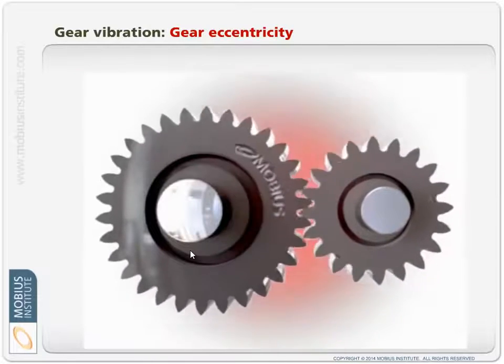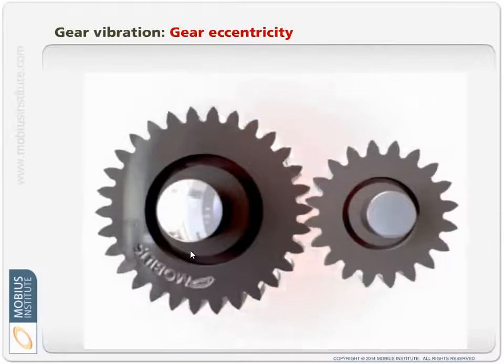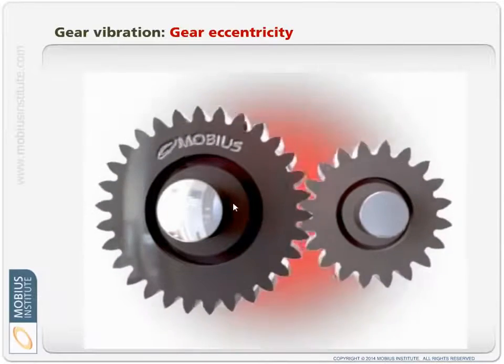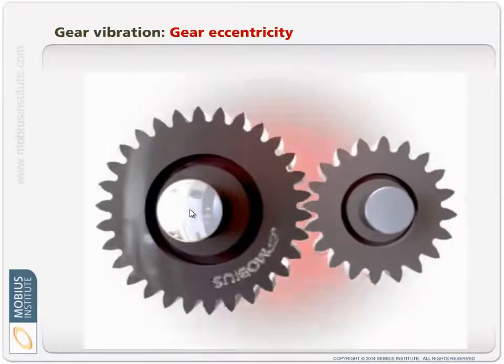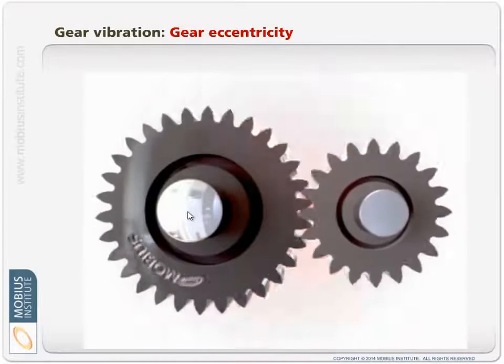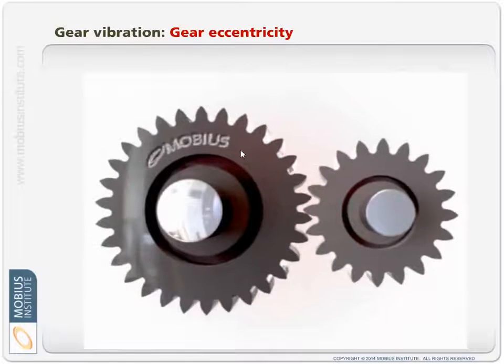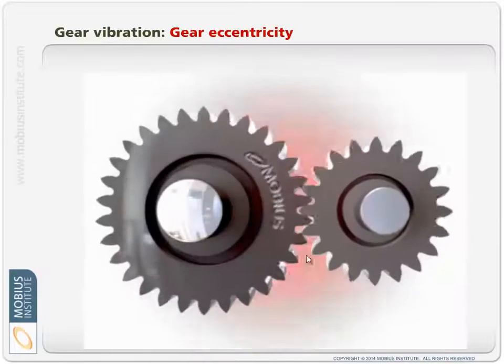Now, in the instance of gear eccentricity, the situation I'm trying to depict here is where, if you look very closely at this gear, it's turning correctly around the axis of rotation of this shaft. So the shaft itself is not moving, the gear itself as it turns is moving in a perfectly circular motion.